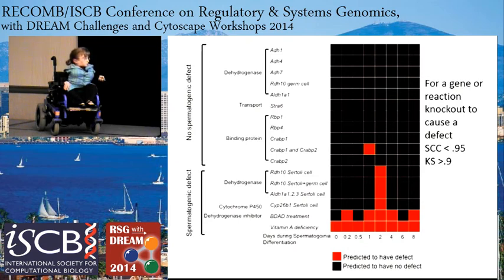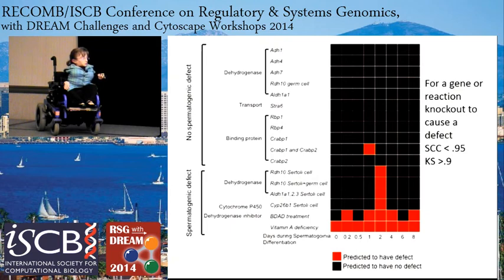This just shows the results of those 16 genes that we re-knocked out. Up on the top are genes that experimentally were shown not to cause a spermatogenic defect, and black in our heat map here shows that we were able to repredict these also, so we predicted that they wouldn't have a spermatogenic defect. At the bottom here are genes that were experimentally shown to cause a spermatogenic defect, and red means that at that particular time point we also predicted them to have a spermatogenic defect.